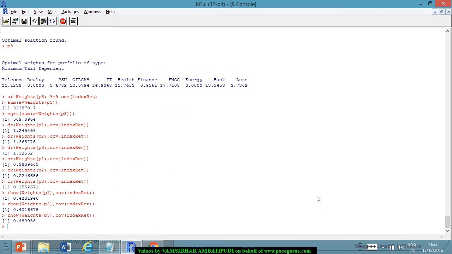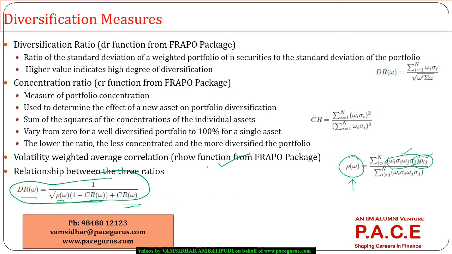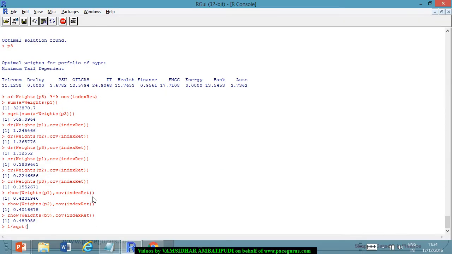Right, let me try for P2. So I'll say 1 by square root of, if I look at the formula, the weighted average correlation multiplied by 1 minus concentration ratio. So I'll take it for P2.